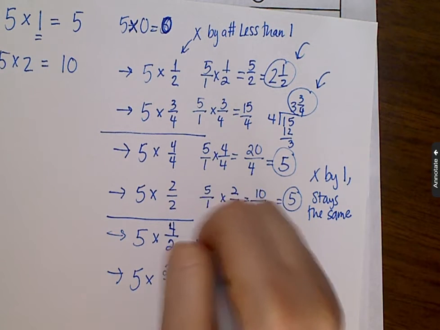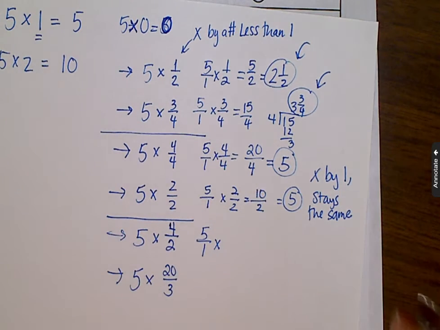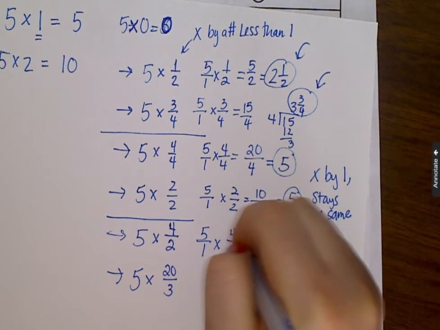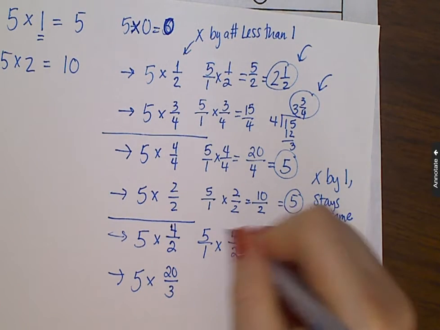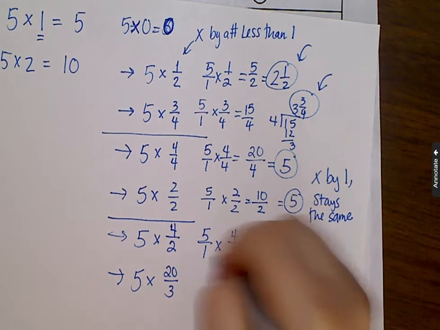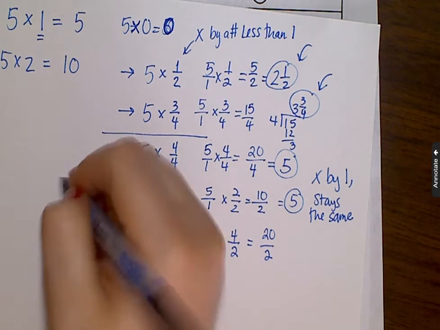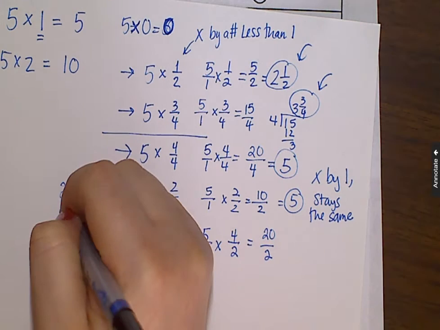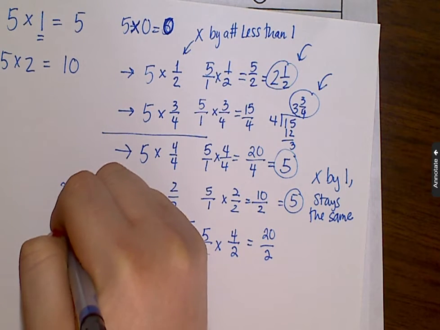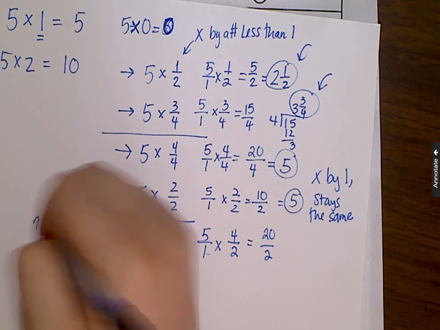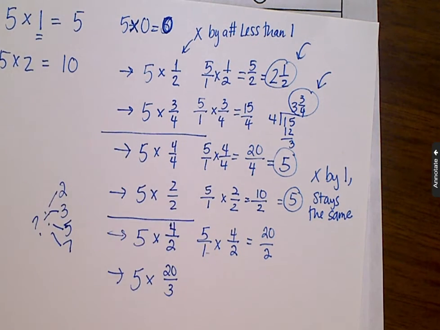So now, again, I have to take my 5 and put it over 1 because I have to convert the whole number into a fraction. And when I'm multiplying, I just multiply straight across. 5 times 4 is 20, 1 times 2 is 2. And then when I'm simplifying, I want to remind you of the numbers I look at, especially because you weren't in class. I ask myself, can I divide by one of these?